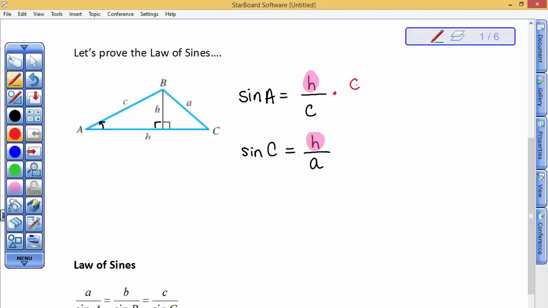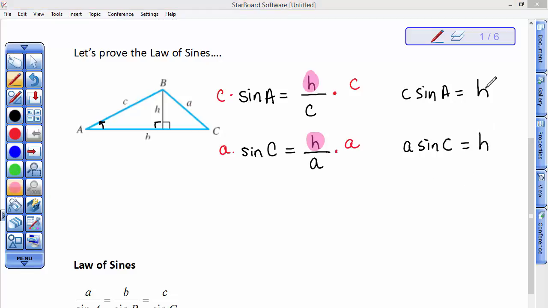Here I'm going to multiply both sides by side C, and here I'm going to multiply both sides by side A. And as a result, right here I have C times the sine of angle A is equal to H. And here I have A times the sine of angle C is equal to H. Well, lo and behold, both of these equal H. That means that this side must equal this side since they both are set equal to H.